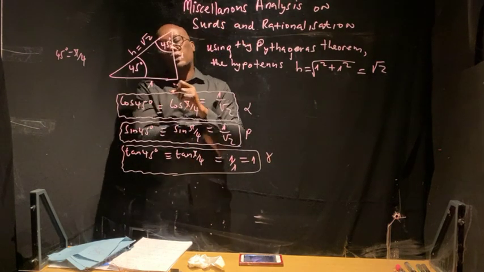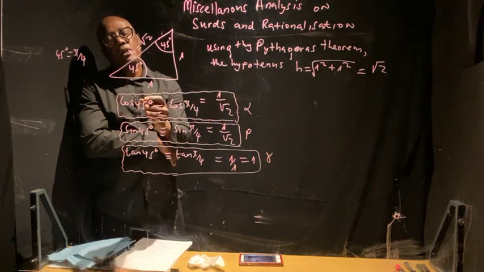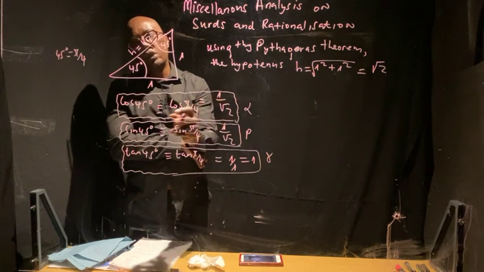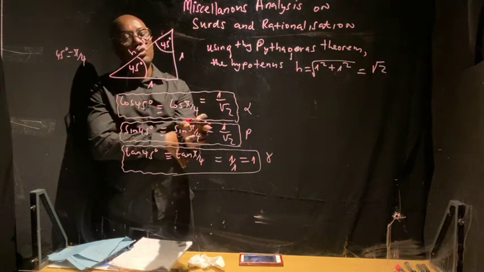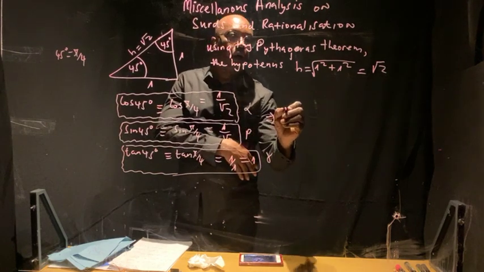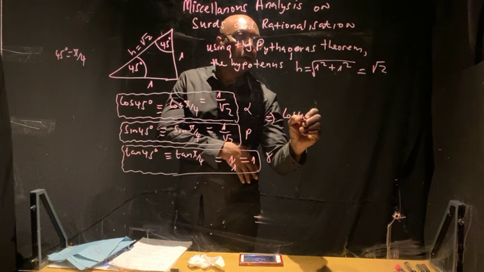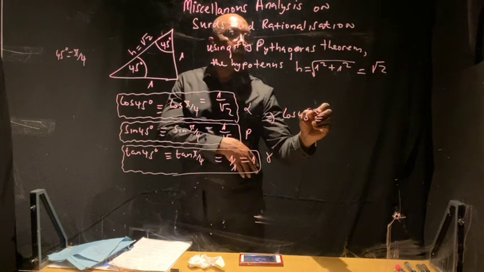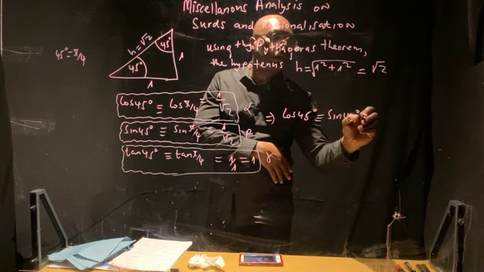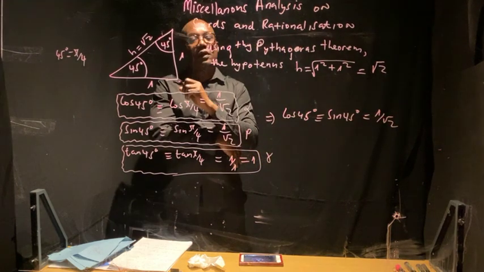From the results of equations alpha and beta, being cos 45 degrees equal to 1 over root 2, and sin 45 degrees equal to 1 over root 2, it indicates that cos 45 degrees is much the same as sin 45 degrees equal to 1 over root 2. Very good.